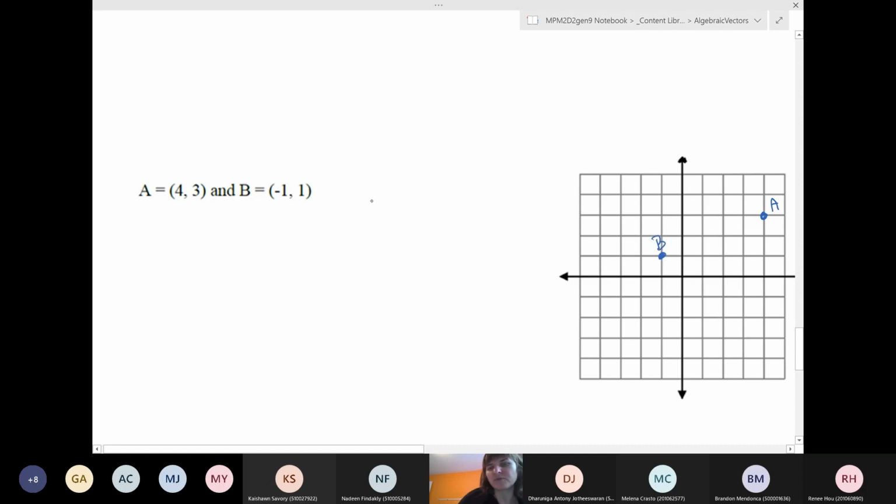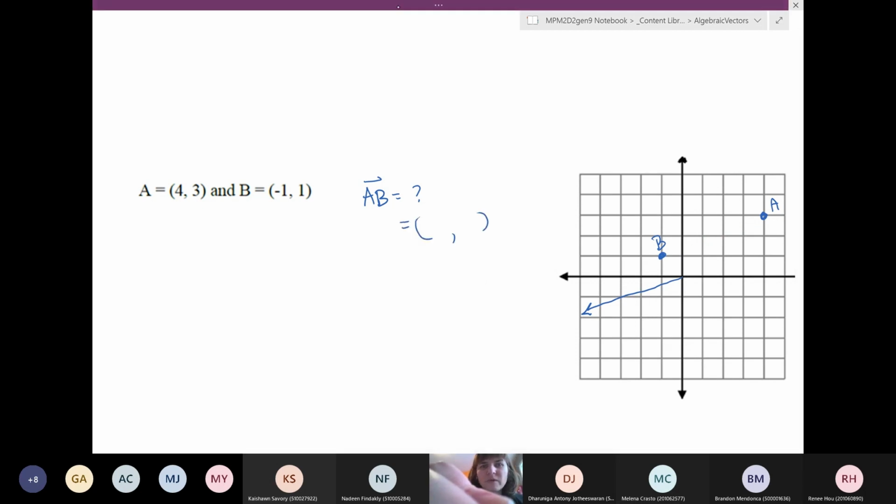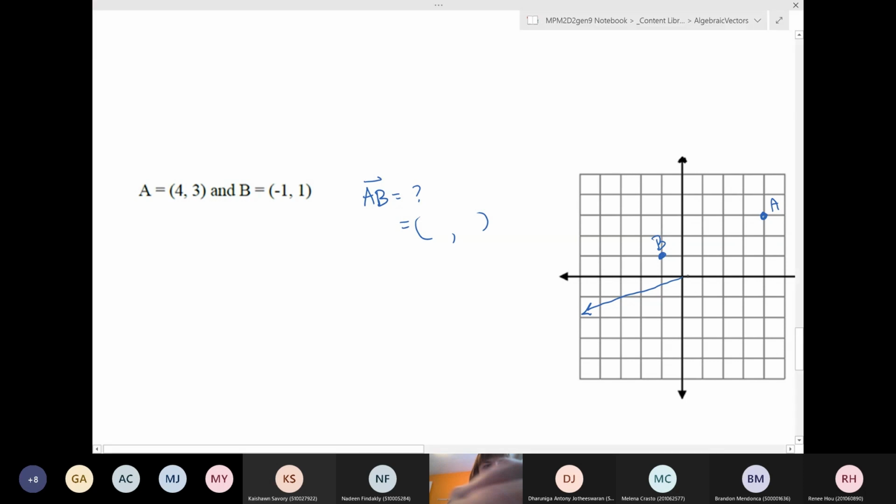If I wanted to find the vector that is pointing from A to B, how do I do that? Well, I first of all draw it. And then remember, to find the vector, it is about taking that vector and moving it to the origin. Can you tell me what the vector would be? So once again, you can think about it as the i and j.